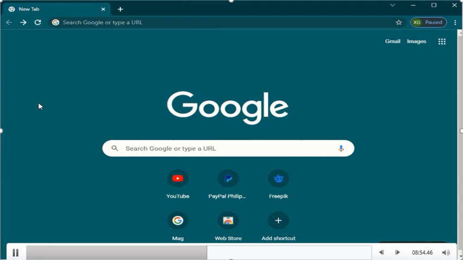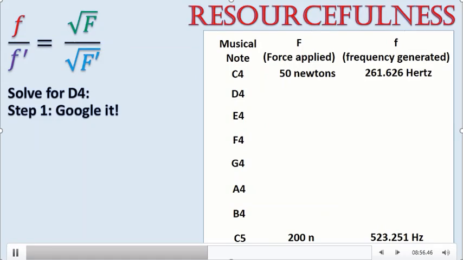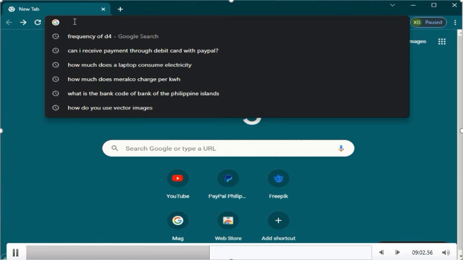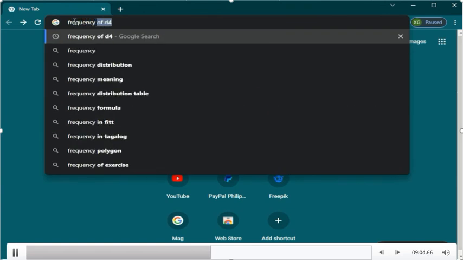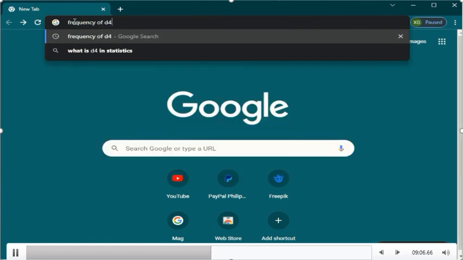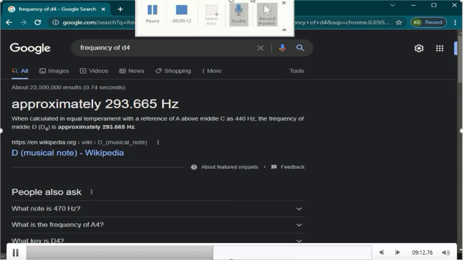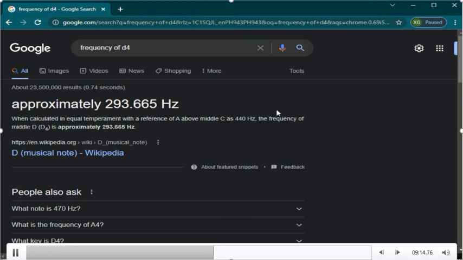We go to google.com and type frequency of note D4. Then it will show around 293.665 Hz. And we write it down. Now, we have enough data available to find D4.